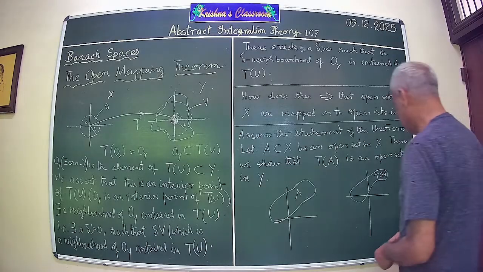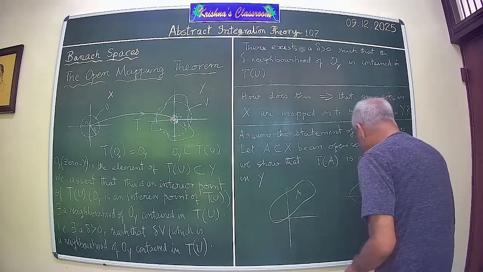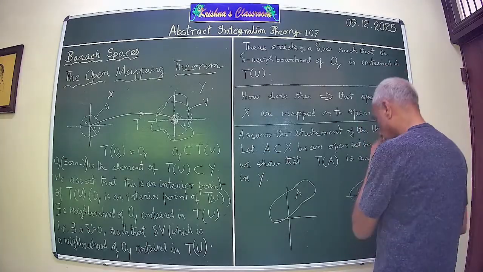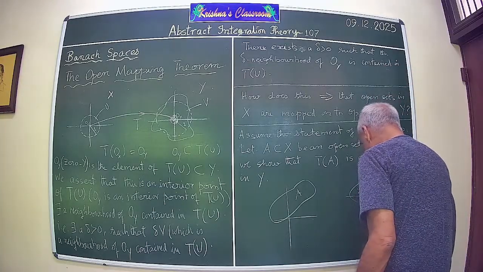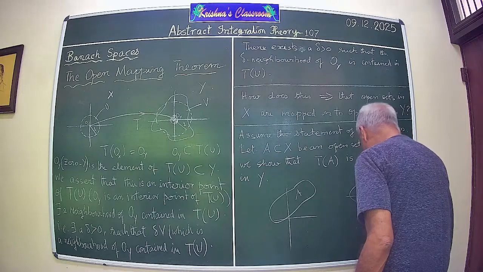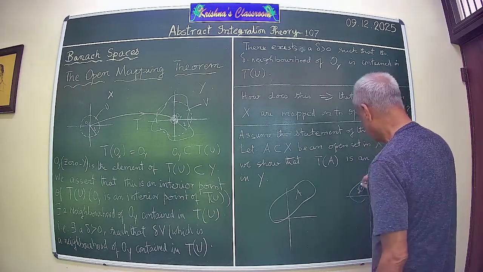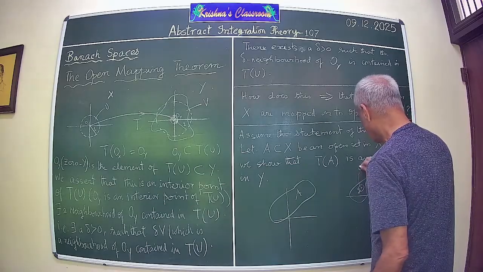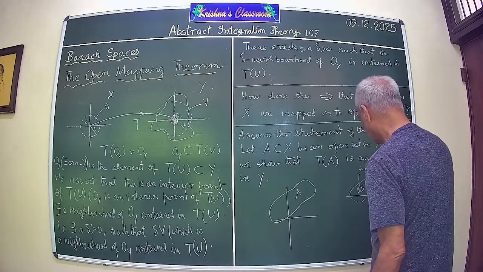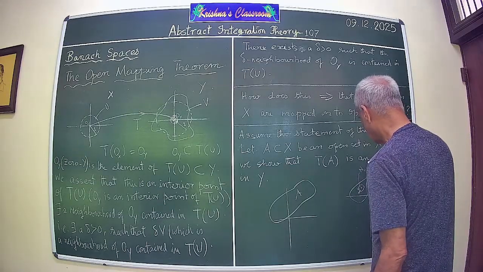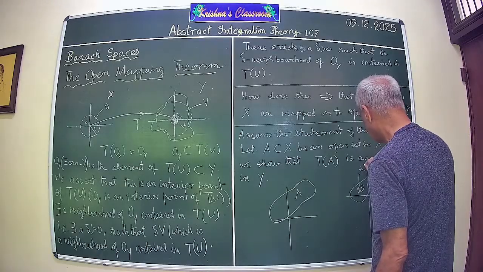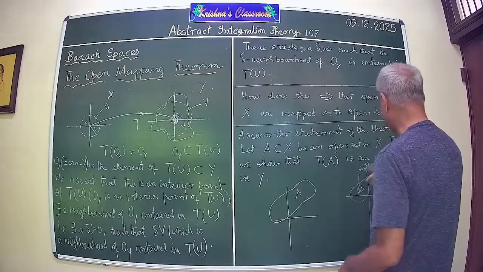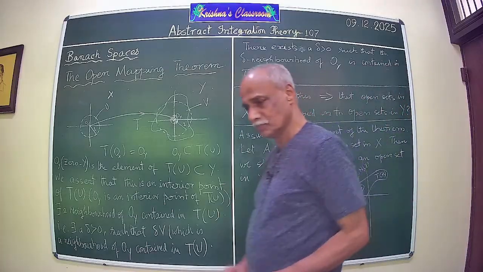To show that this is open, what you do is choose an arbitrary point y belonging to T A. We show that there is an entire neighborhood of y contained in T A. Okay.